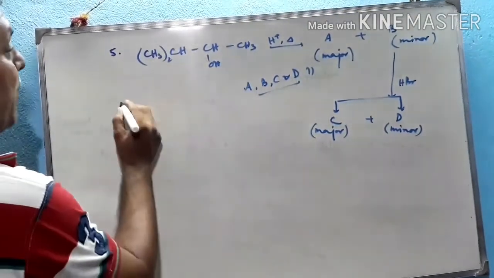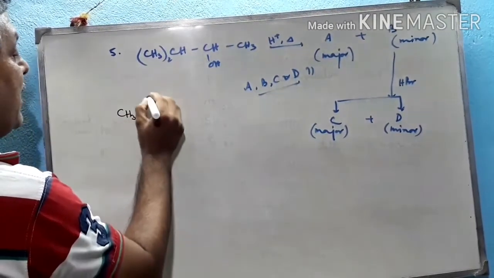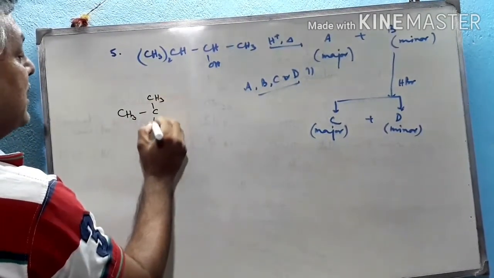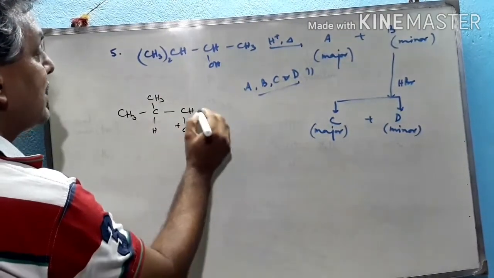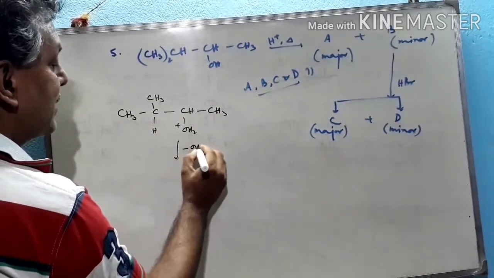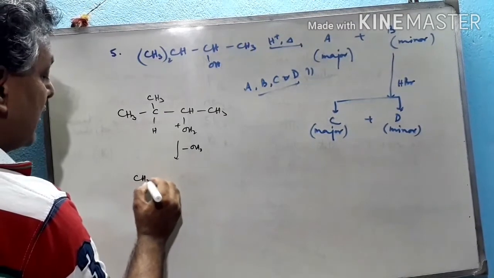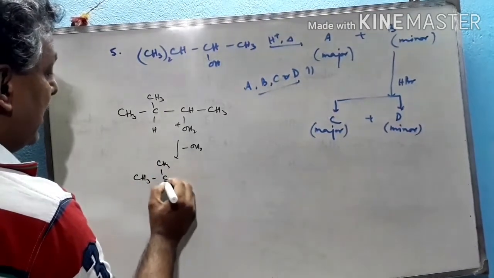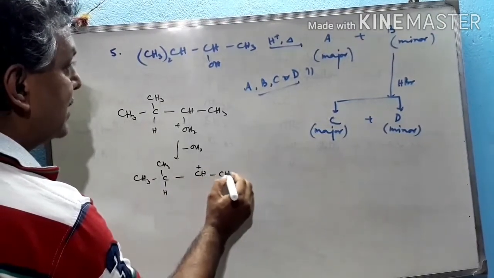Now the first compound, when treated with H plus, the first structure will be (CH3)2CH-CH-OH2 plus-CH3, and by removal of the OH2 plus, that means H2O, it forms (CH3)2CH-CH plus-CH3.